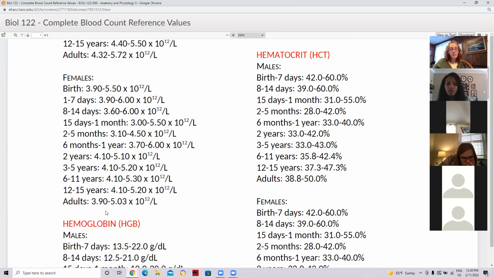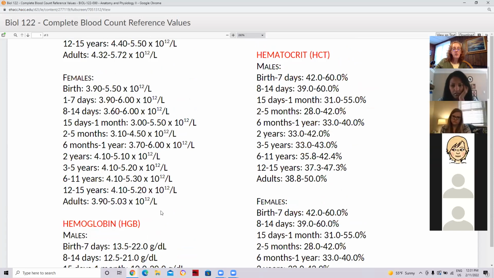For her, she was at, what was it, 3.5 million. What is this value? This is pretty high, but hers was per millimeter cubed. How many millimeters are in a cube? 1,000. So there's 1,000 milliliters in a liter.